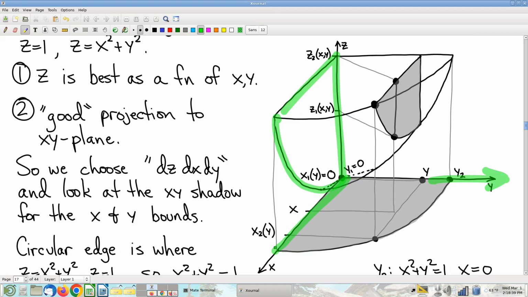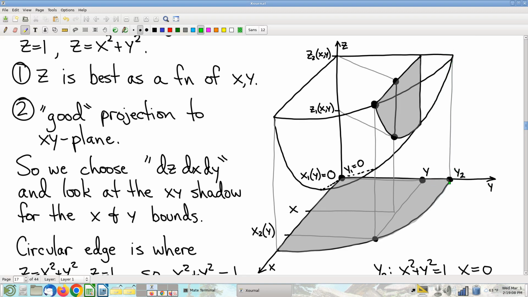So, said differently, the starting value of y on the shadow tells you the starting value of y on the solid. Likewise, the ending value of y on the solid and the ending value of y on the shadow are the same value of y, because again, this is directly above that, and thus the same y-coordinate.